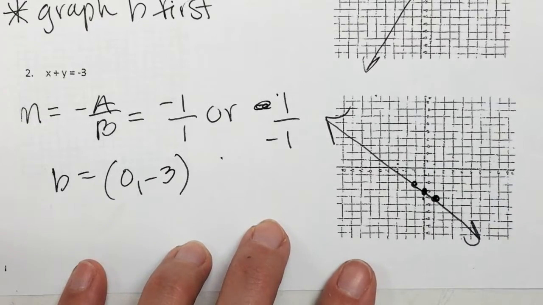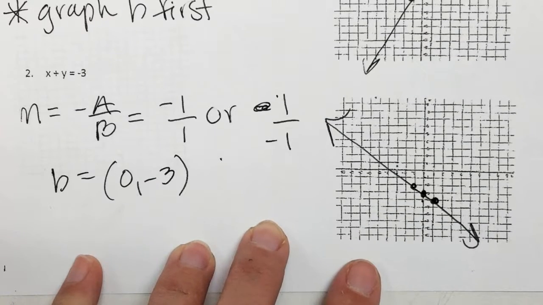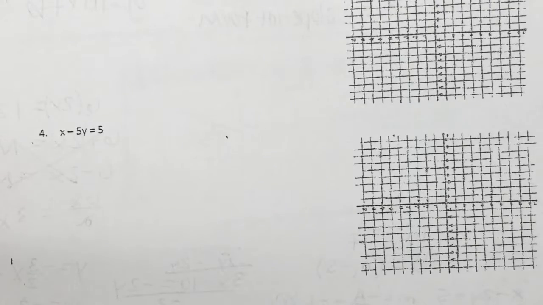Make sure you draw your lines all the way through, because we're going to have to do that when we do inequalities, which is coming up next. Alright, try the other 4 on your own. Make sure that you identify, put m equals whatever, b equals whatever.